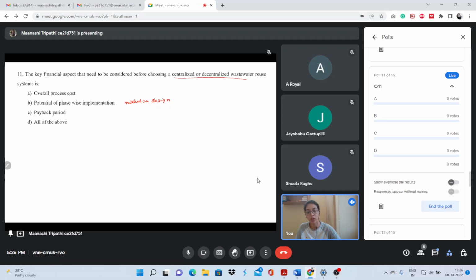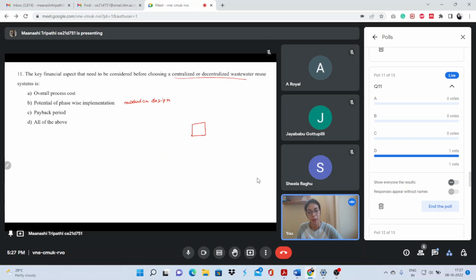So what is modular design? First we will check how many people are living in an area. Okay, and so we decide, these many people are living and they will be living here for 5 years. So we will use this treatment facility, like a 10 MLD treatment facility. Now after 10 years, more people are coming, migrating.